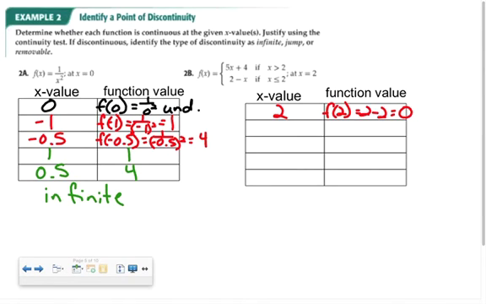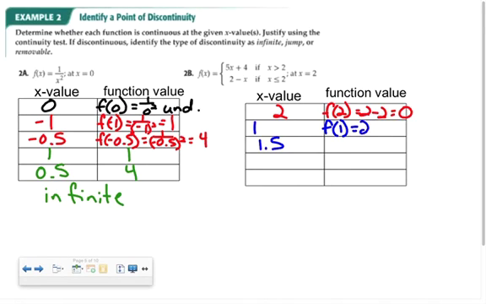F of 2 exists. Now I need to approach 2 from the left, and I need to approach 2 from the right, and see if those values that they're approaching are also 2. So approaching this from the left, I have 1 and 1.5, and when I find the function of 1, I'm plugging it into still the second part of my function.